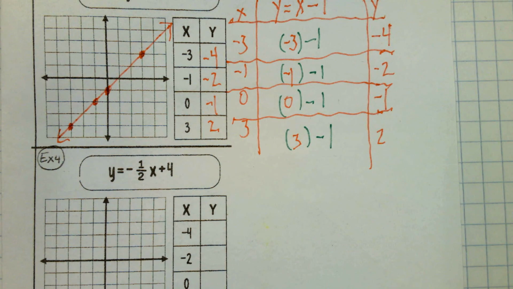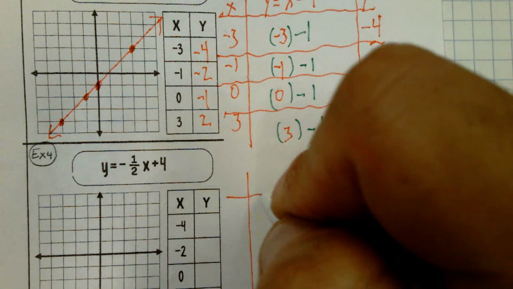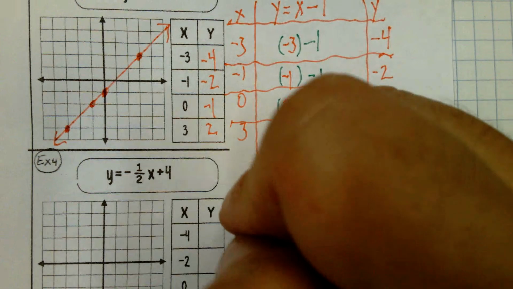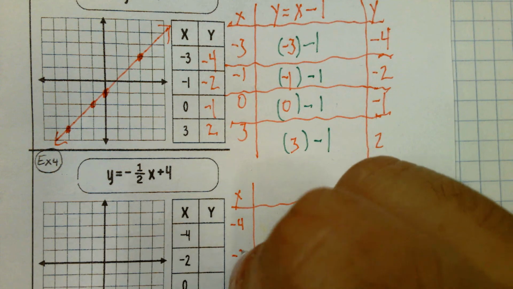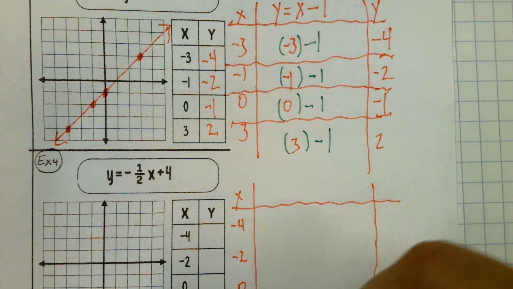Move this up. We'll work on the next function table in a little bit. Ready to do it? Here we go. We have our inputs, which are -4, -2, 0, 2.